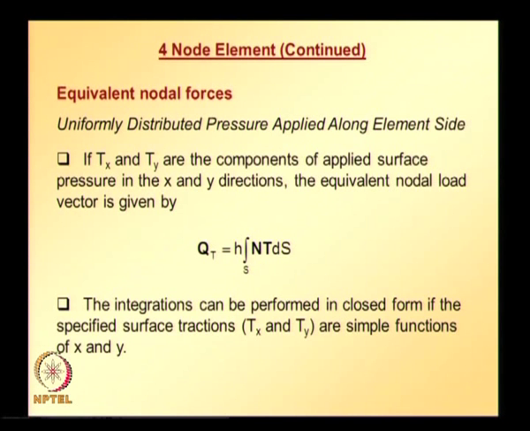Integrations can be performed in a closed form if the specified surface tractions Tx, Ty are simple functions of x and y. This also we discussed in the last class. If Tx, Ty are simple functions, we can perform integrations in a closed form, but if Tx, Ty are complicated functions, then we need to adopt numerical integration.